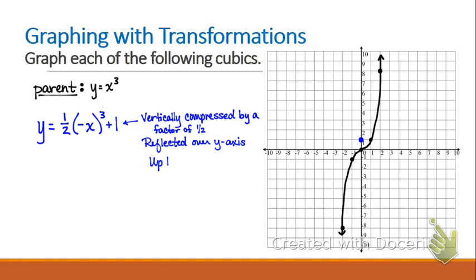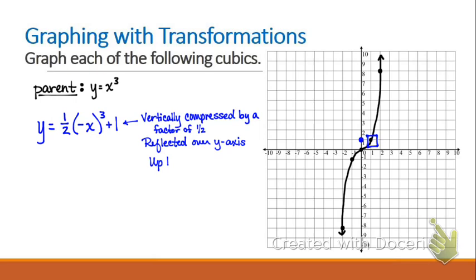For my output, my y values, we're going to reflect them across the y-axis, and we're going to compress them. So it's going to be half the vertical distance. So before, this point right here was 1 unit away vertically from that center point.